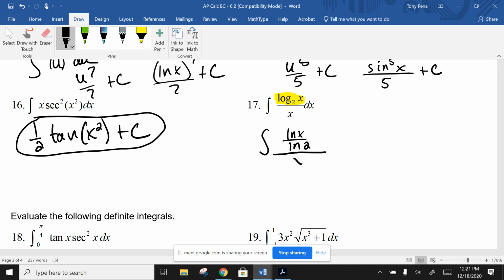That whole thing then is divided by the x. You still have x in your denominator. Simplify this. We certainly don't want to be dealing with that type of a fraction, a complex fraction. So just simplify this. This ends up being natural log of x over x times the natural log of 2.